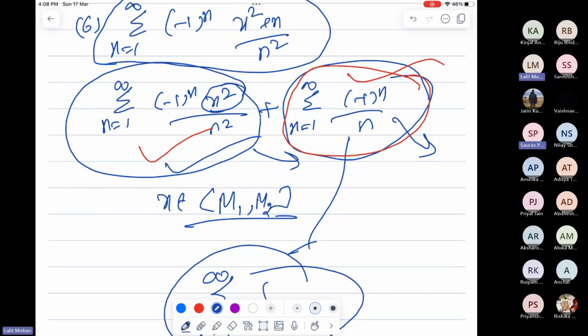It will converge. Why? Because this is an alternating series, and by using the Leibniz test, the only test for alternating series, you are getting that this series is convergent. And there is no x here. It means that both are uniformly convergent. So the sum is uniformly convergent. That's all. Okay, sir. Got it.